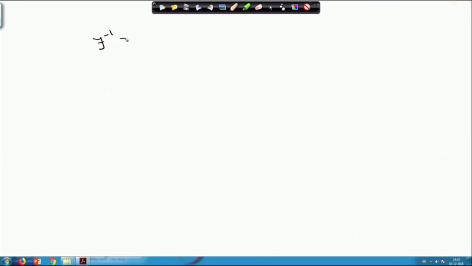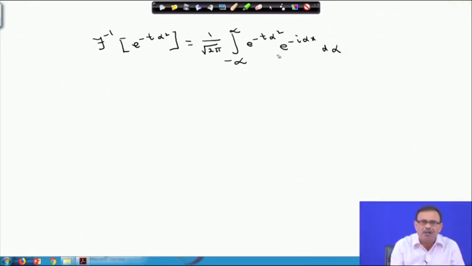The Fourier inverse of e power minus t alpha square equals 1 by root over 2 pi, integral from minus infinity to infinity of e power minus t alpha square into e power minus i alpha x d alpha. The only change is e power minus i alpha x, because when taking the Fourier transform this kernel is e power i alpha x, and when you take the inverse Fourier transform, this kernel will be e power minus i alpha x.